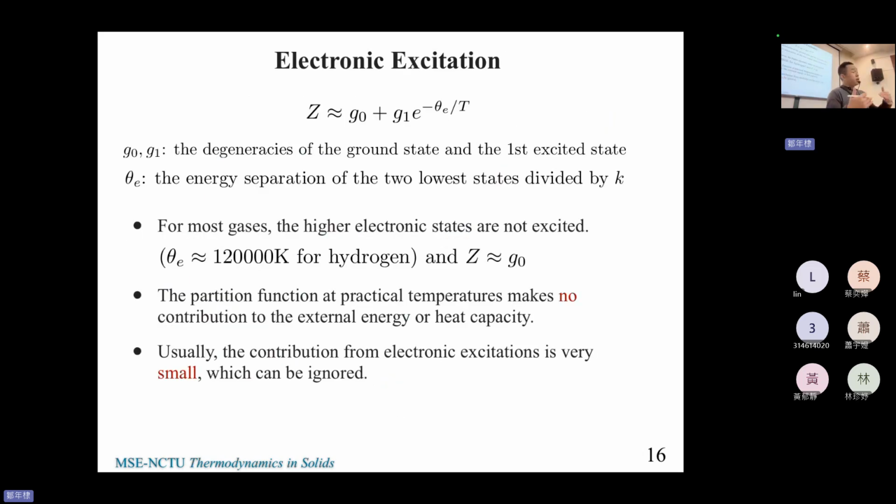Let's enter electronic excitation. Well, we always talk about 0 and 1 degeneracy of the bond state, okay? And theta is so big, like 120,000, okay? Which means that this is so big, so we are not going to talk about this.